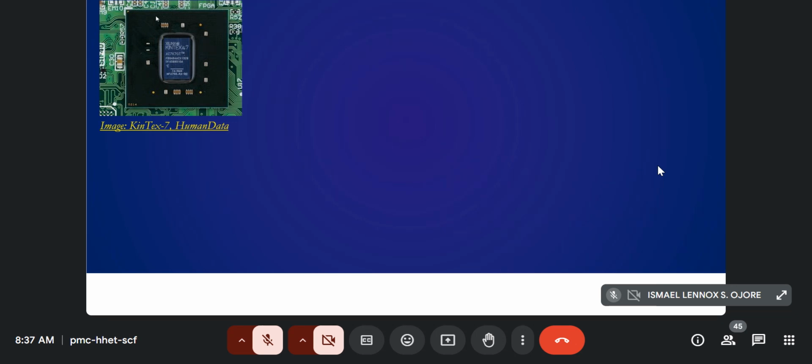Just like an MCU, you need some support circuitry, power and communications, and even a programming interface, for you to make use of a microcontroller. So the same thing with an FPGA. We have a board here, and on that board we have a chip, which is the FPGA, a Kintex 7 FPGA for purposes of this presentation.